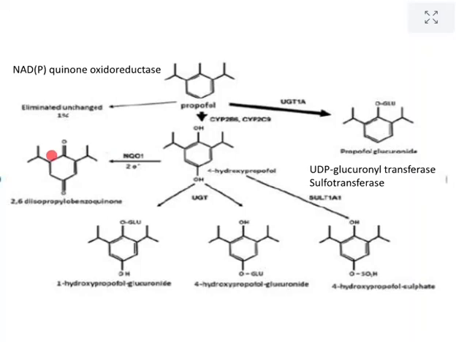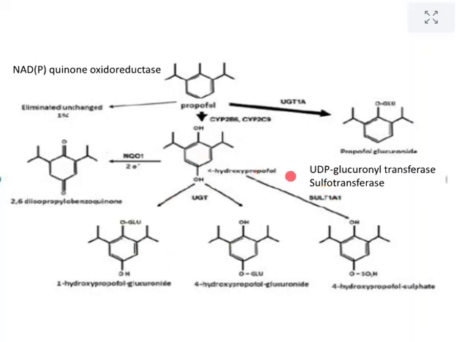That is the compound that we get. And of course, that compound also can be toxic because of these carbons here. Quinones can sometimes be toxic because they are very strong electrophiles. So I think those are the main pathways of metabolism of propofol.